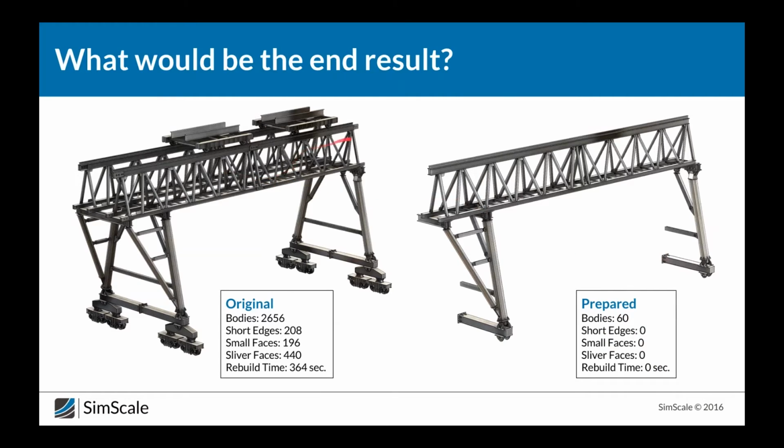The first, most obvious step here is that I've eliminated any geometry or bodies that I don't need. So the trolleys on top don't really add any value to the simulation, because we know that the load from the trolley will be vertical because the load is applied through wheels.